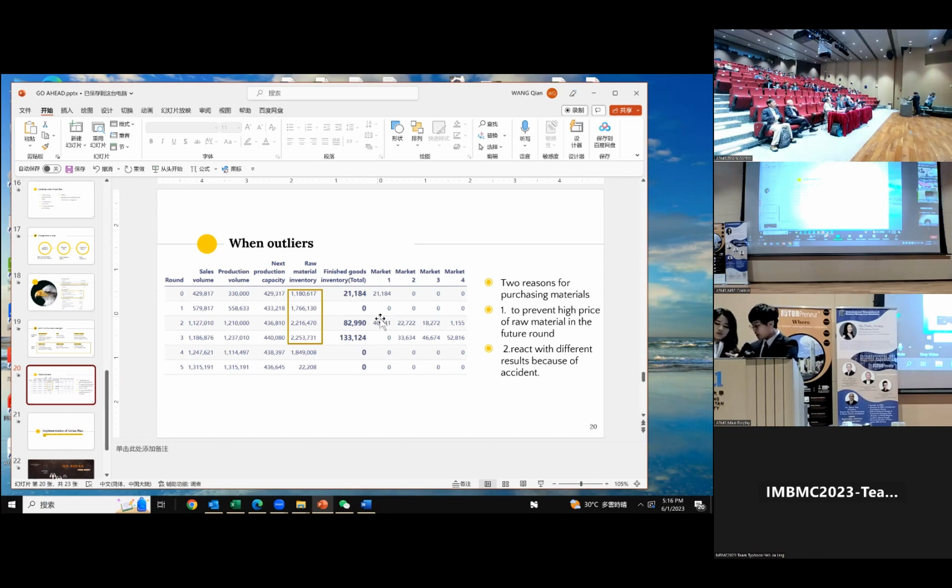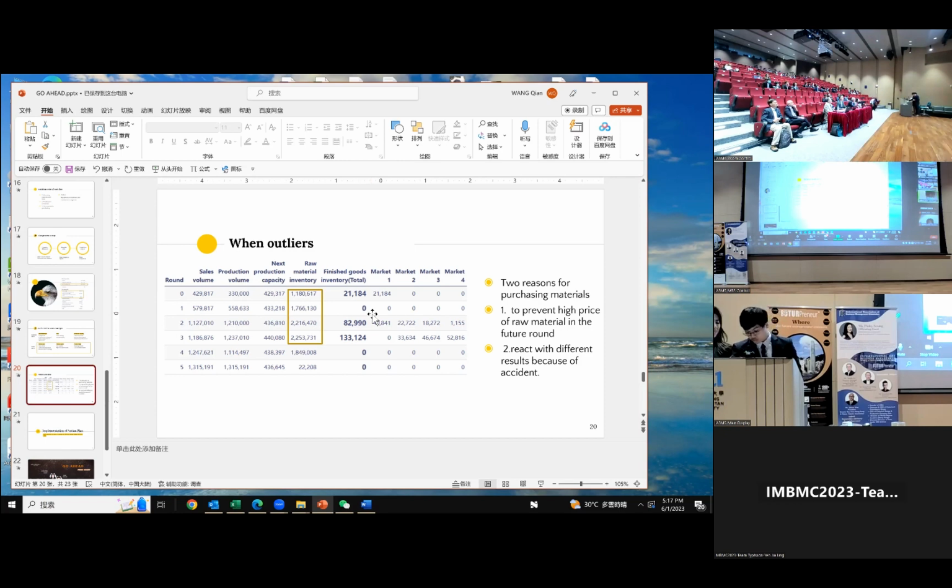In round 1, there were 3 companies that quit. So our potential demand is higher than our prediction. Like in round 1, we have about 19, but our sales volume is only 40. That's because we did not predict there would be some companies quitting.